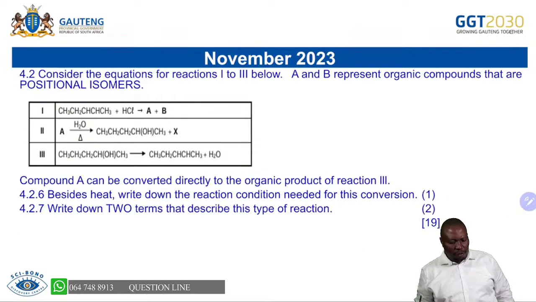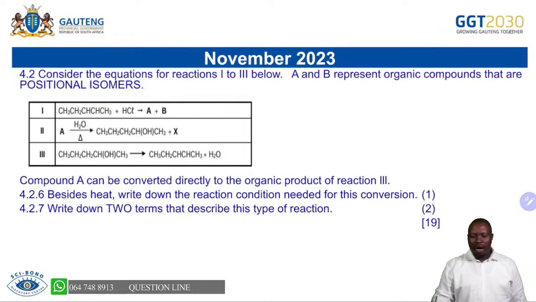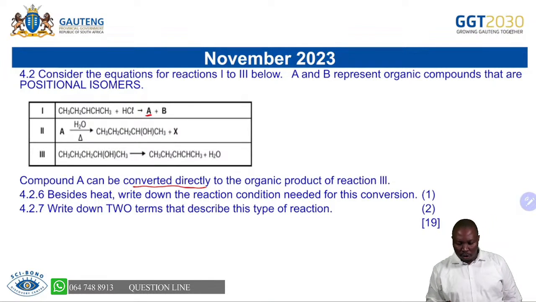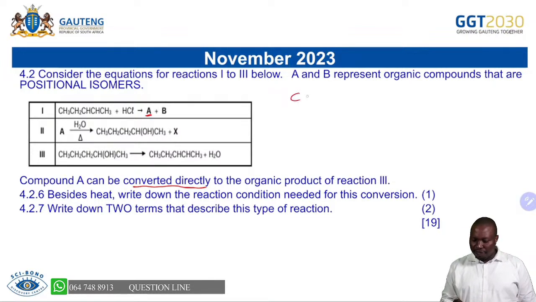Now, when that same question paper continues, it says now consider the equations for reactions 1 to 3 below. Now they are saying compound A can be converted directly. Compound A, which we said is 2-chloropentane. Don't forget that.